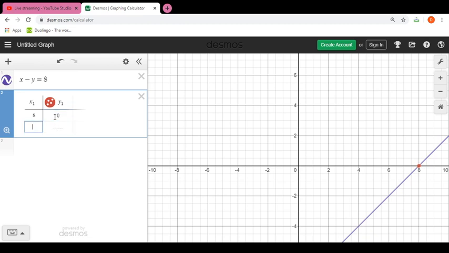Then you get the point x equal to 7, y equal to minus 1, and the third one is x equal to 6 and y equal to minus 2. See these 3 points?